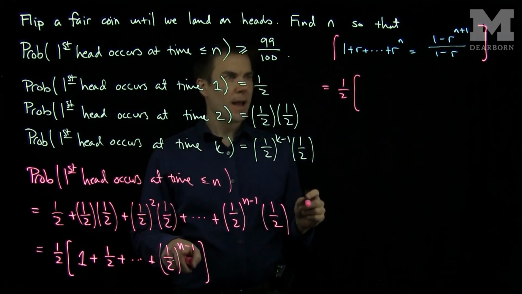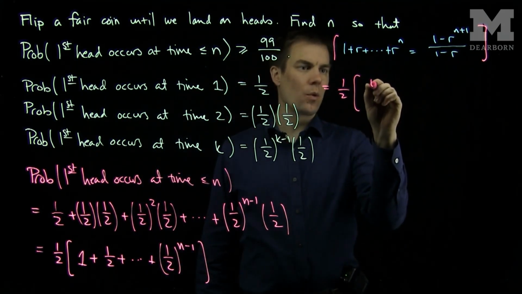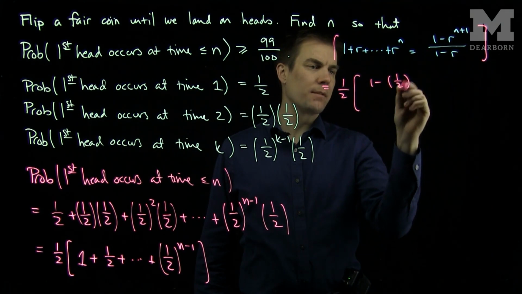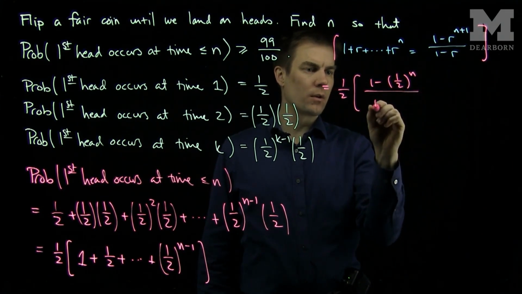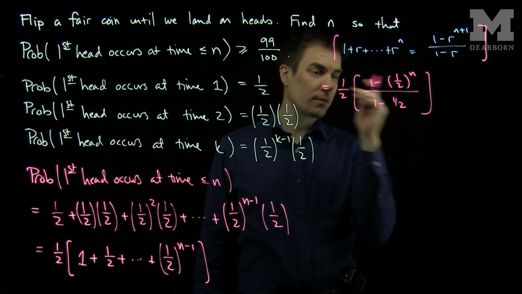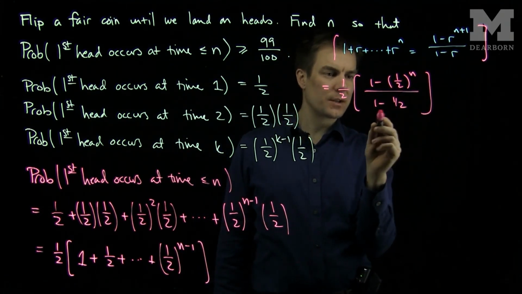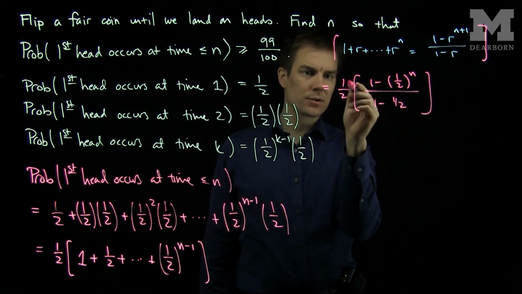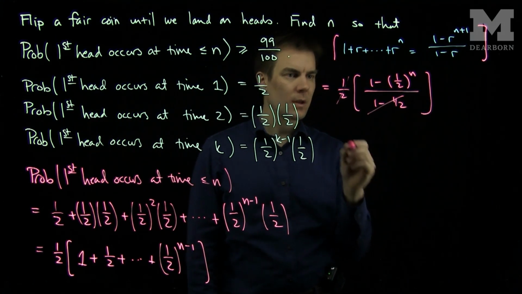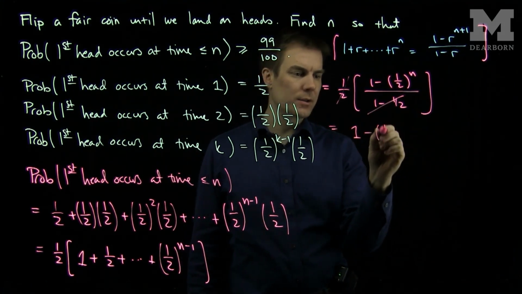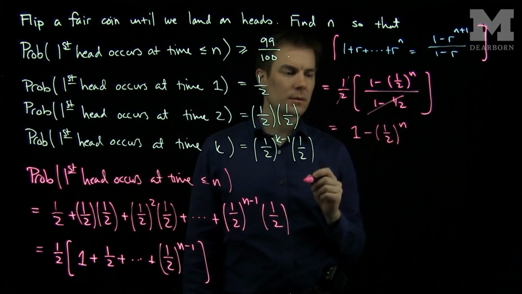And now my n here is n minus 1, so I'm going to have a 1 minus 1/2 to the n over 1 minus 1/2. The denominator is equal to 1/2, so this will cancel with this. And so we'll just have 1 minus 1 over 2 to the power n.